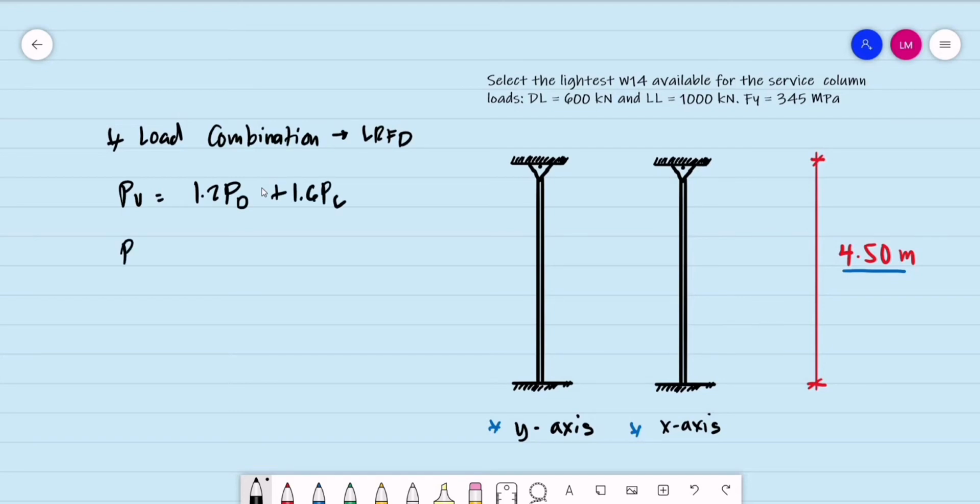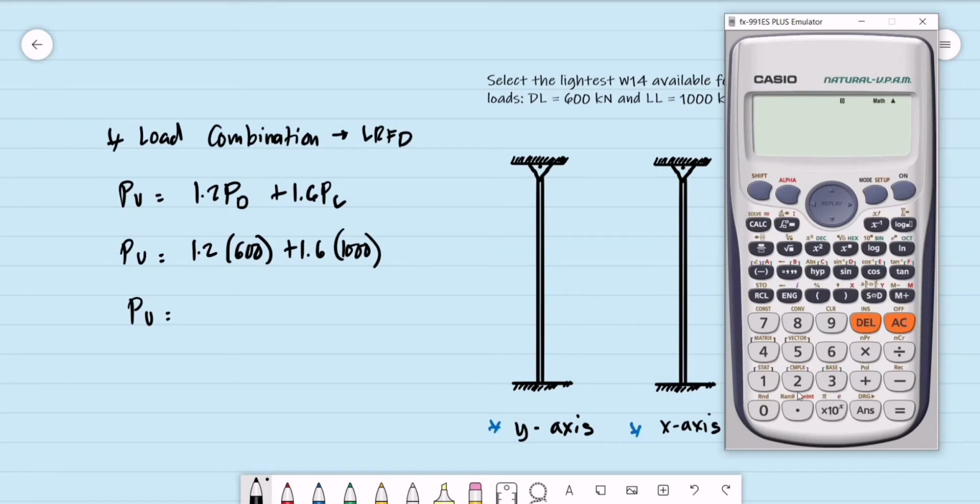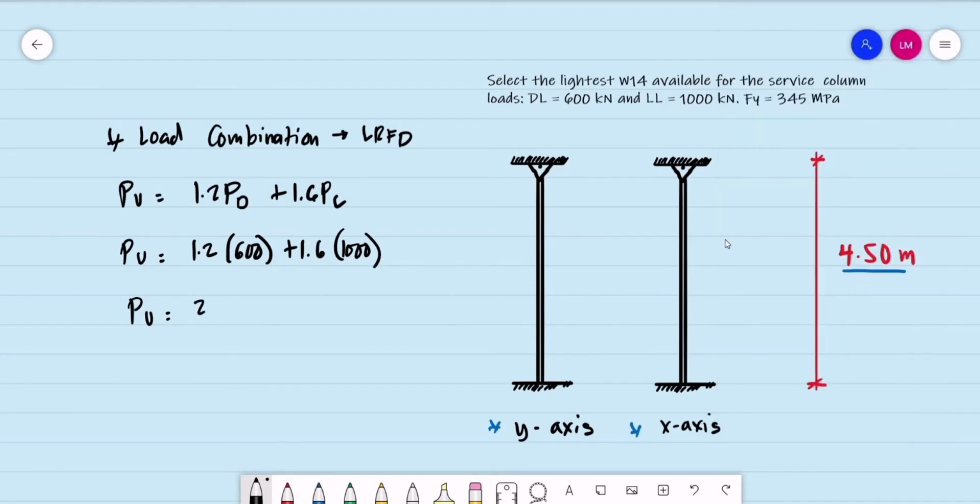So the ultimate load P sub U is equal to 1.2 of 600 kilonewtons plus 1.6 of 1000 kilonewtons. We have that as 2,320 kilonewtons.